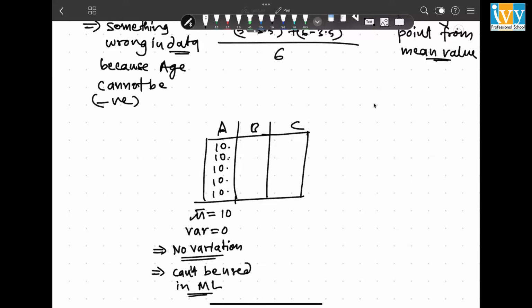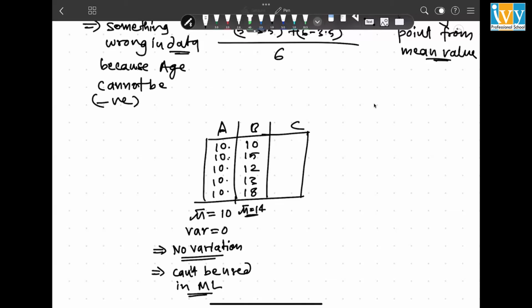Some amount of variance. For example, 10, then 15, 12, 13, let's say 18. You see the average will come to roughly 14 or 15. Let's say 14 point something. So the average value is 14 and every value is varying near 14.